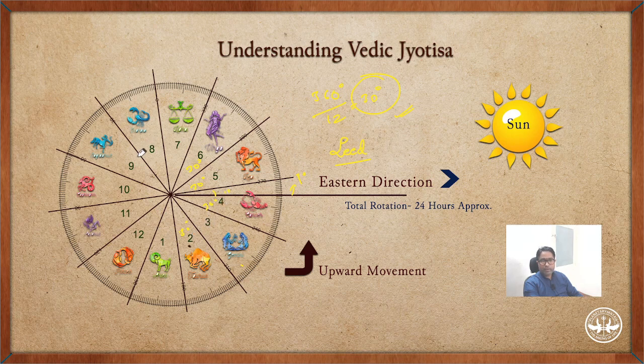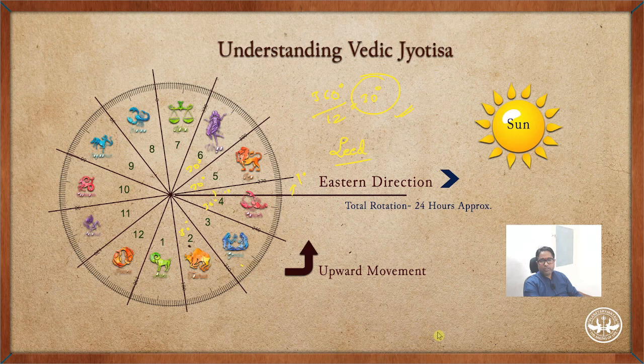So you have to learn these rashis. In Hindi, 1 is Mesha, 2 is Vrishabha, 3 is Mithuna, 4 is Karka, 5 is Leo or Singh. These rashis you have to learn because they are represented by numbers. These numbers keep rising one by one, and the number which is rising at the point of your birth is called your lagna.